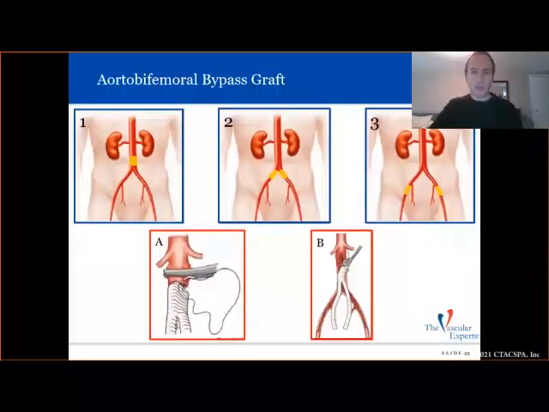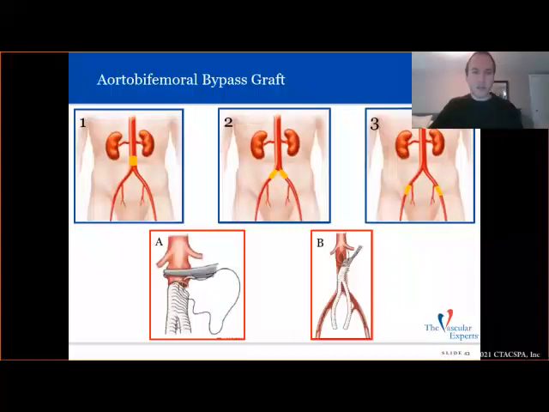But there are certain disease patterns where end-to-end would not work well and is actually contraindicated. You cannot do an end-to-end anastomosis for the occlusion pattern that you see in patient number 3, because when you do an end-to-end anastomosis, there's no antegrade flow through the native aorta. There's retrograde flow coming back to perfuse the hypogastric.